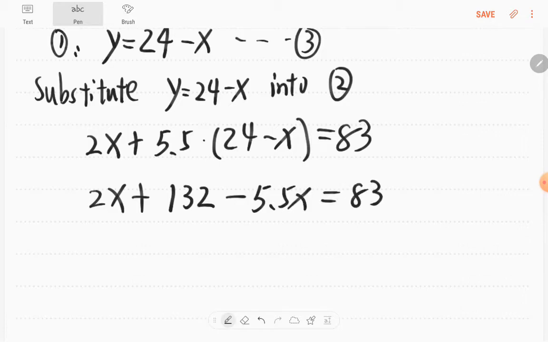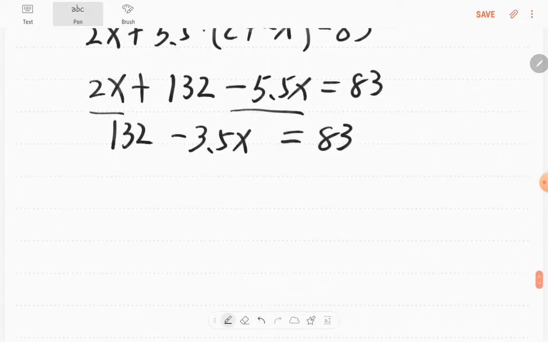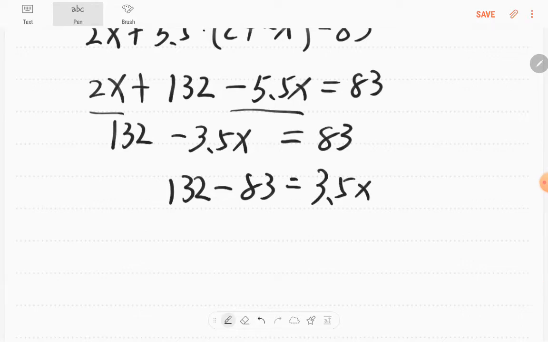Okay, so we combine the like terms. This would be negative 3.5x plus 132 equals 83. So we isolate the x term. This would be 132 minus 83 equals 3.5x. We usually like to write the x on the left side, so let's switch the left side and the right side.